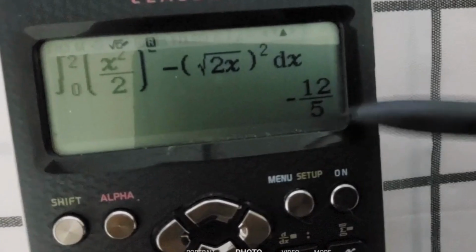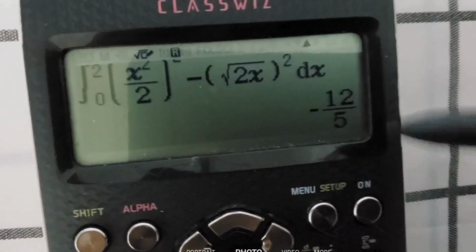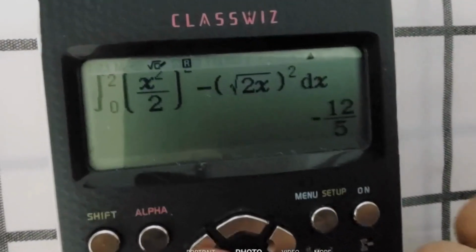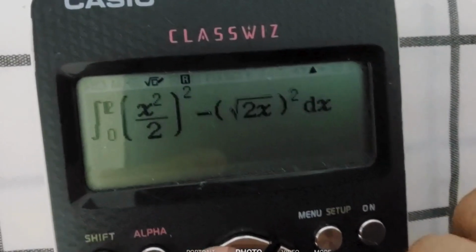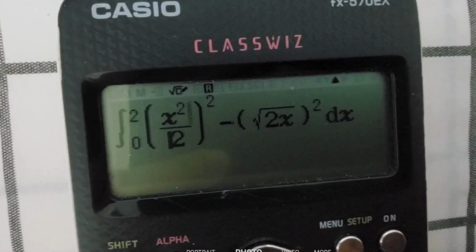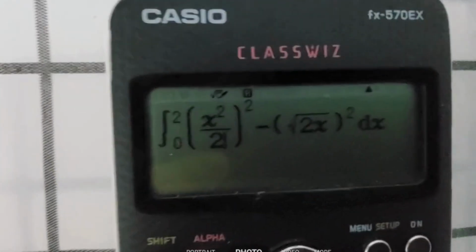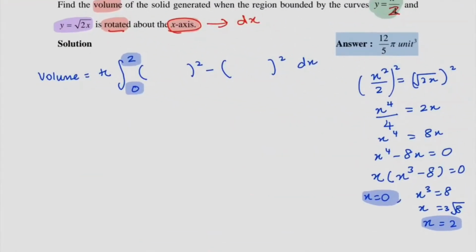So volume also cannot be negative, same as area. So from here, we know that the function must be the other way around. So the function that we should write is square root of 2x, squared, minus x squared over 2, squared.